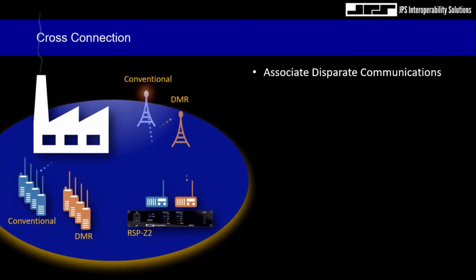And if you recall from previous webcasts, we described how these disparate radio systems interact in terms of control. And remember, when you depress the PTT button on a subscriber unit in the field, as you can see at the left, the interaction between the donor radios and the RSP-Z2 gateway will result in the donor radio keying its transmitter at the right.